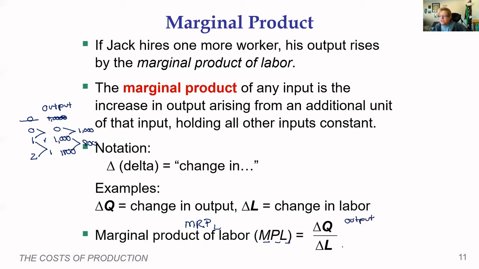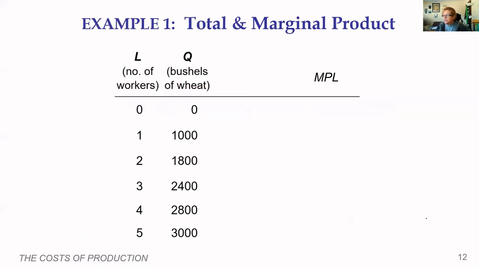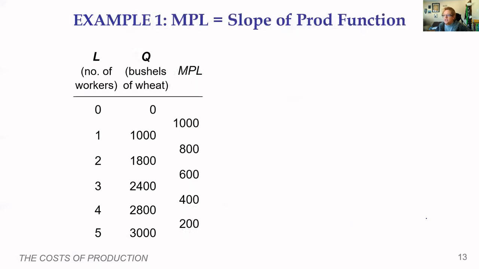And what is the change in labor? How many workers did we go from? So if we went from 0 to 1, it would just be 1 minus 0. If we went from 1 to 2, it would be 2 minus 1, and so on. Okay, so now we can really look at that marginal product of labor very simply. We get the change in quantity divided by the change in labor.